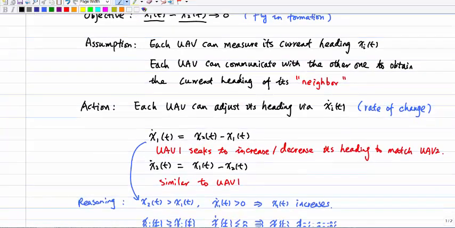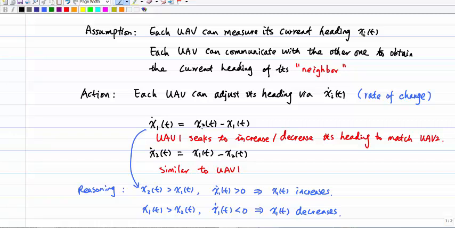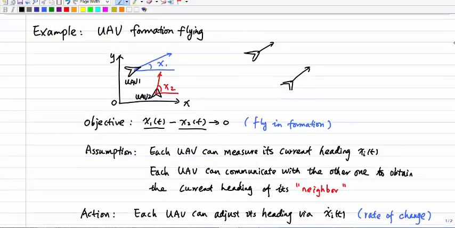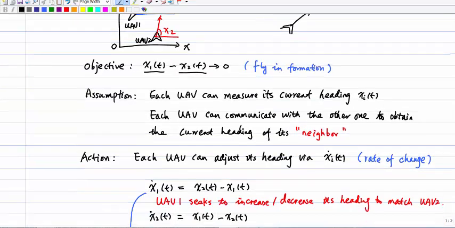So x1 dot t is positive because x2(t) is greater than x1(t), which means x1 should increase. Indeed, to align the heading, this one should go in this direction, increasing the heading. This helps the synchronization of the heading.